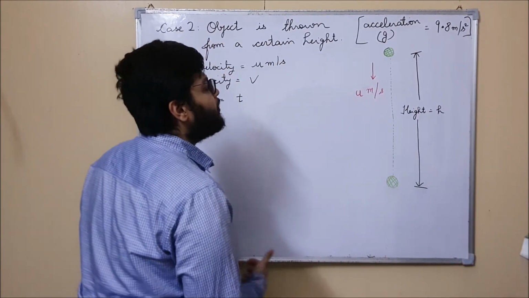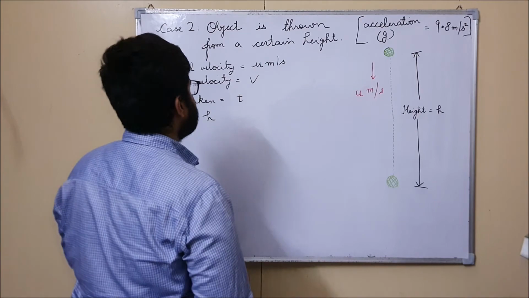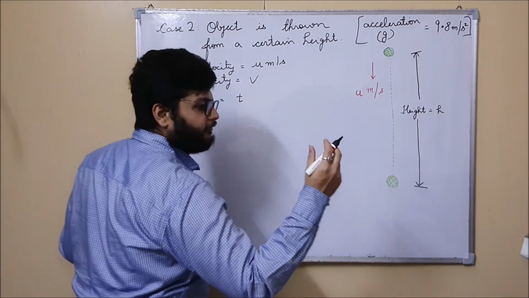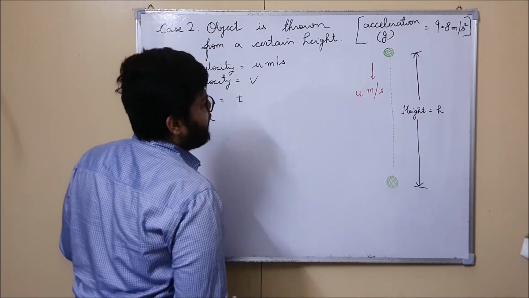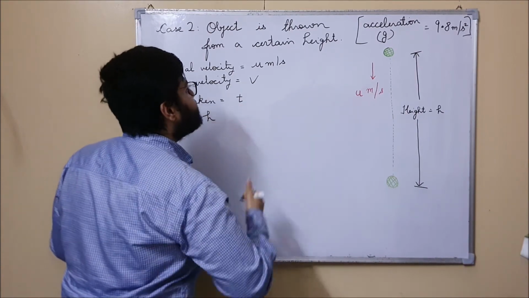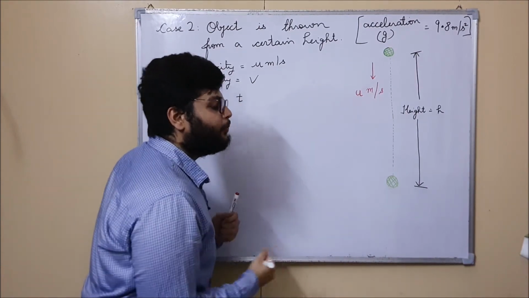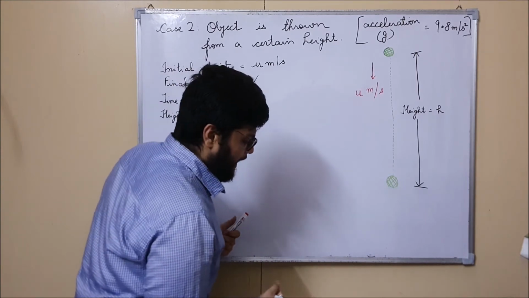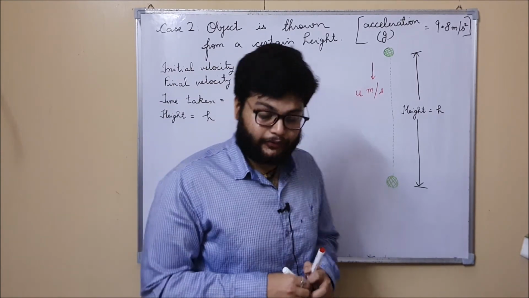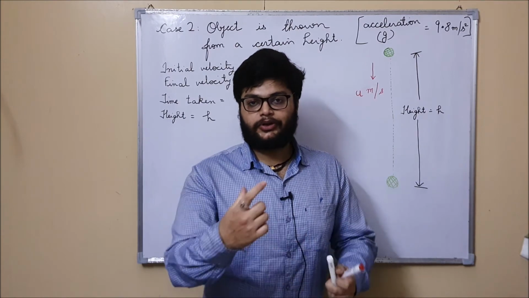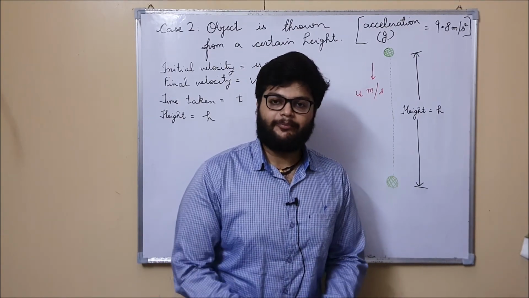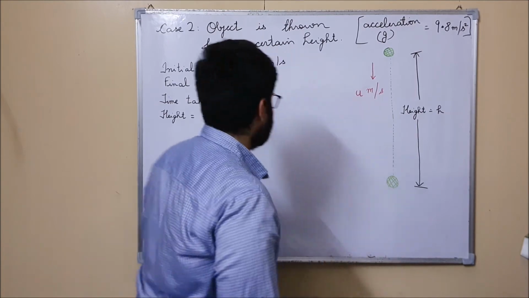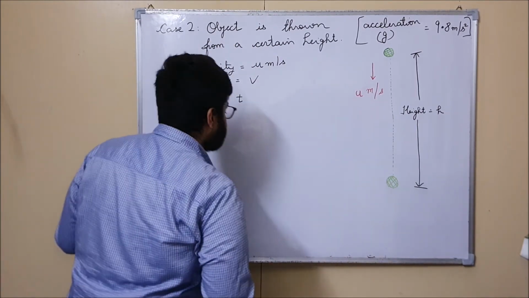If you have to draw the velocity time graph of this portion, then find the slope of that velocity time graph first. What does the slope of velocity time graph tell, what information does it give? It gives the acceleration. Slope of velocity time graph gives acceleration.